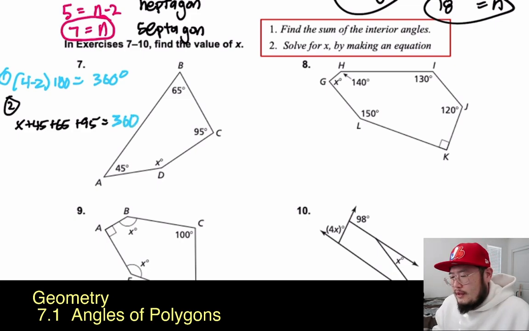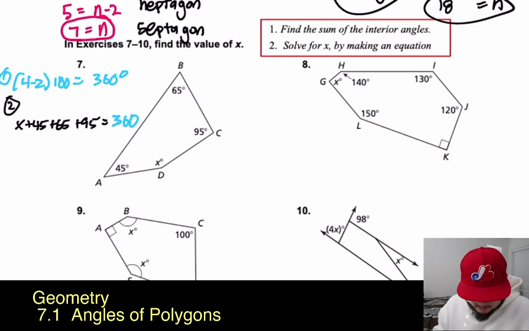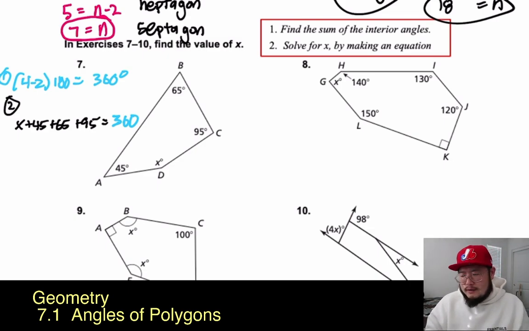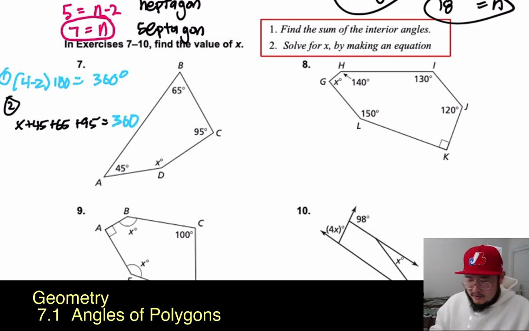And then we can go ahead and find x. So put all that together, you add 45 plus 65 plus 95.